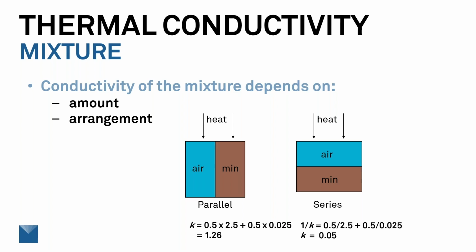Now, to get the conductivity of that arrangement, we'd just take a weighted arithmetic average of the two. We assume the marble conductivity is 2.5. The air conducts very little of the heat, and so the average conductivity would be about half of the marble, or 1.25.